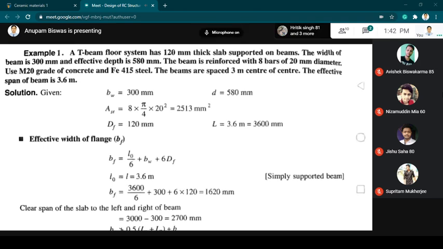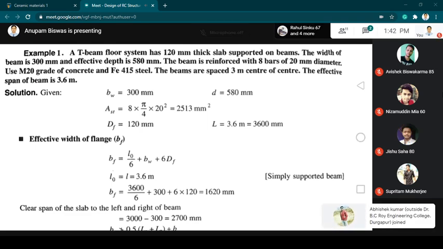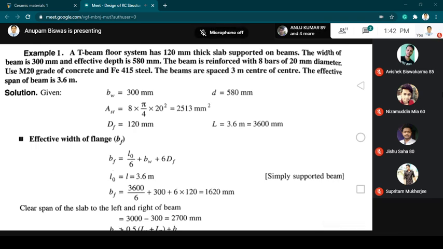Using this, we can find the value, where L0 should be equal to 3.6 meter, since the effective span of the beam is given. So from here we can find the value of BF. Putting all the values, that is 1620.